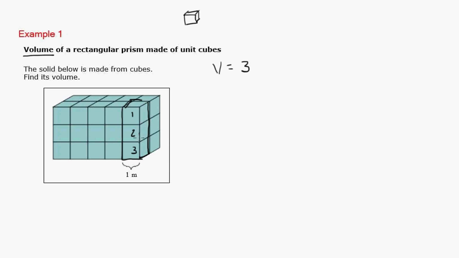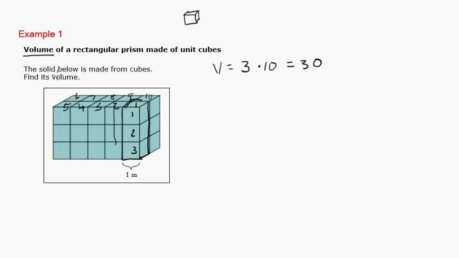But now how many columns do we have? Well, we have 1, 2, 3, 4, 5, 6, 7, 8, 9, 10. So it could be 3 times 10, which would be 30.